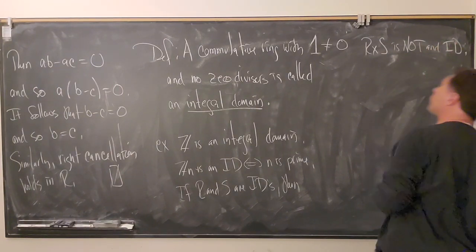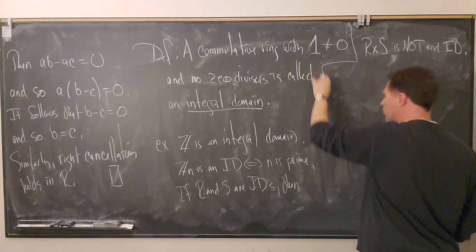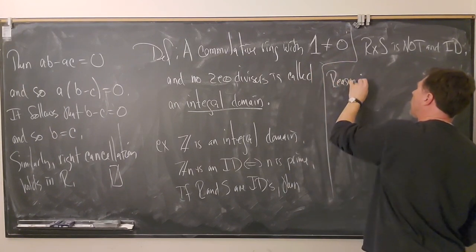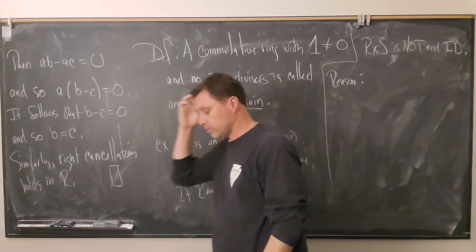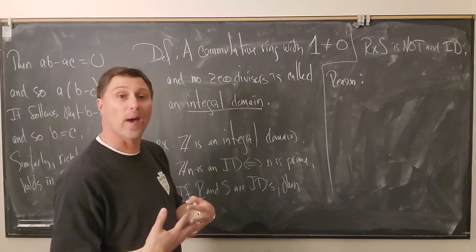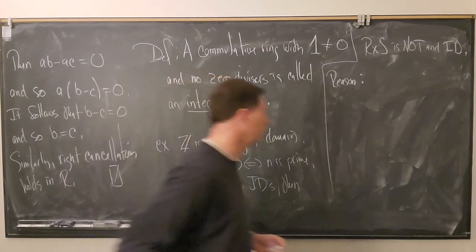Now, how do we prove that? What I want to do is cook up a couple of non-zero elements so that when I multiply them, I get zero.